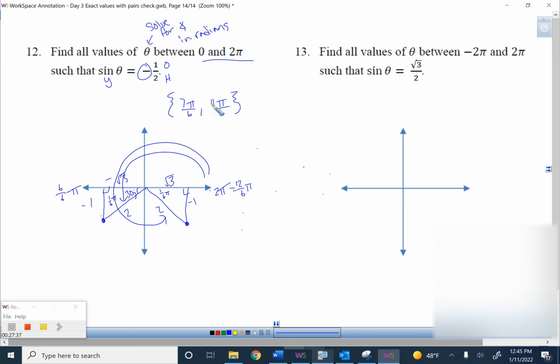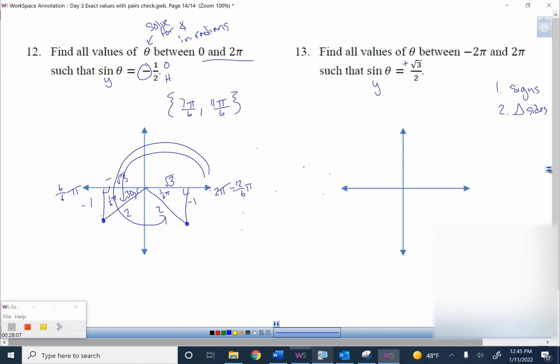Okay, number 13 is the same process. We're going to go ahead and set up our problem based on this sine value being y and this being positive. You may write yourself a note. You're doing sines first. And then the second thing you're going to do is figure out what kind of triangle it is.